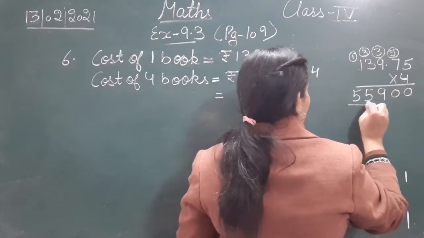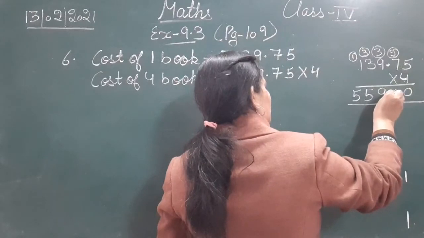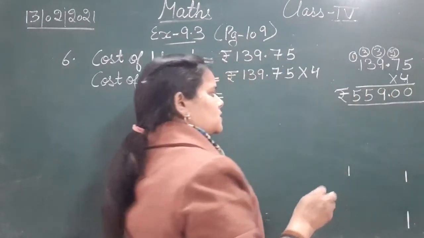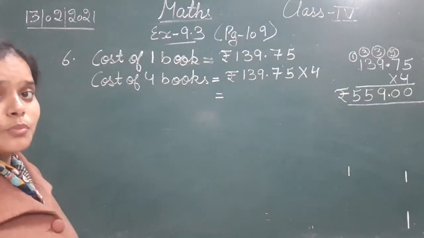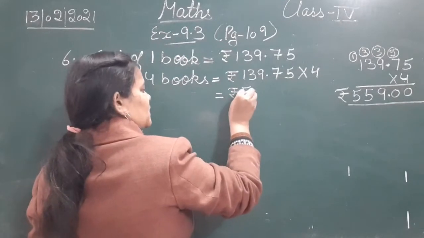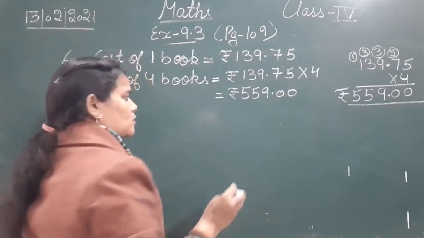Okay, so this is the cost. Now we will put the decimal here as well. So the cost of 4 books is 559 rupees only.